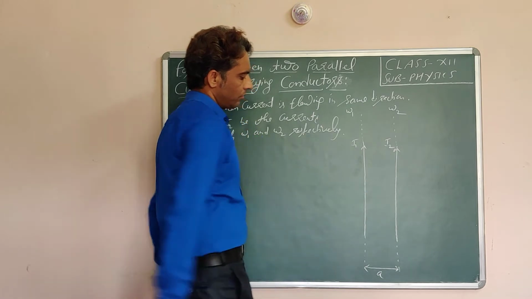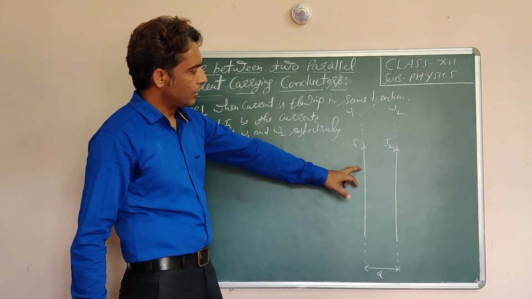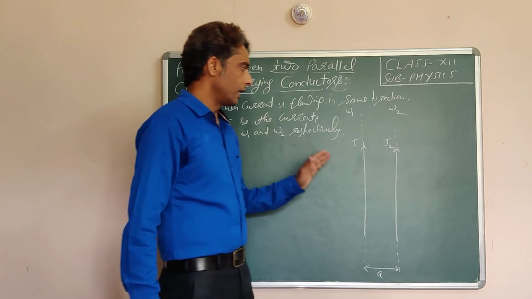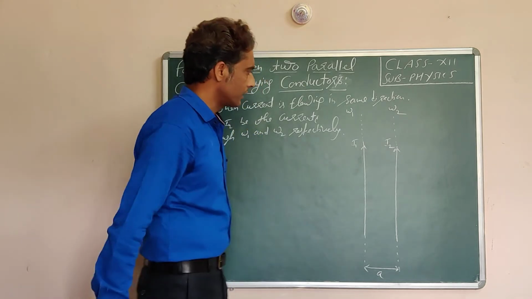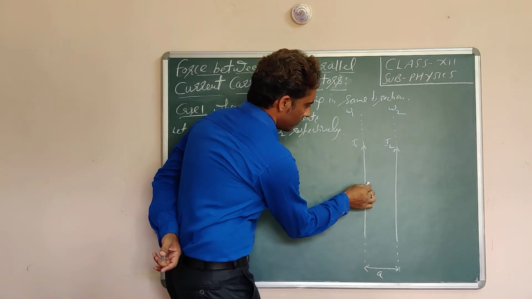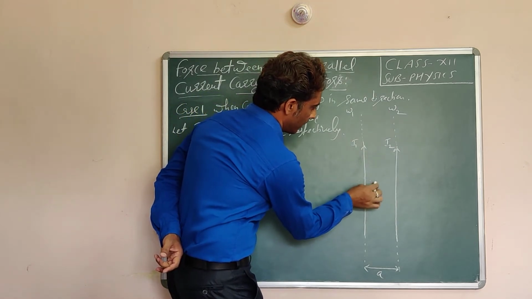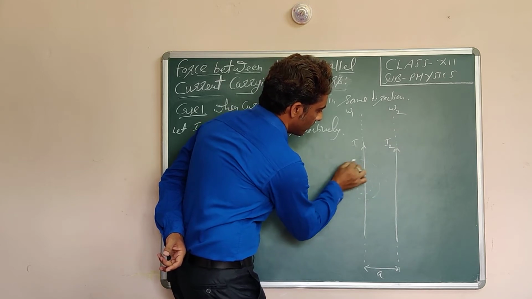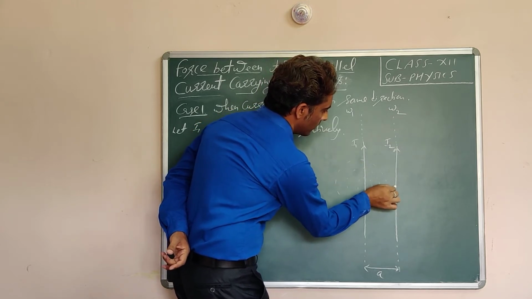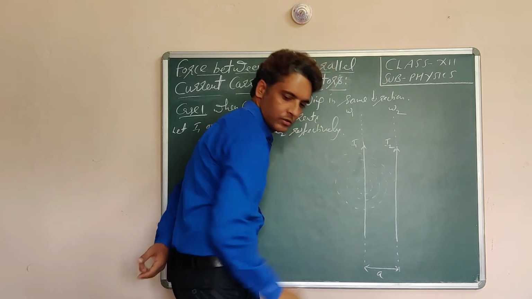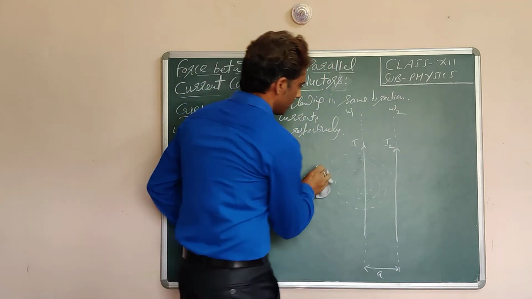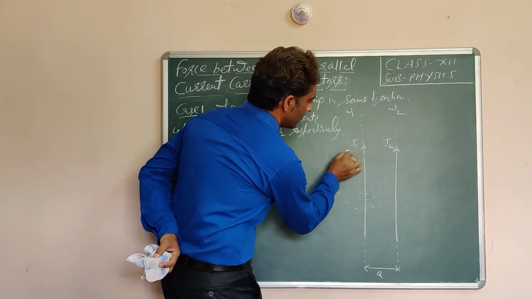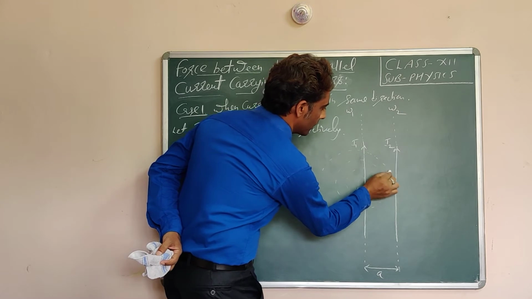So if we draw the magnetic field lines due to this current carrying conductor, they will be concentric circles. So these are the magnetic field lines. The separation between the magnetic field lines goes on increasing as we move away from the conductor.